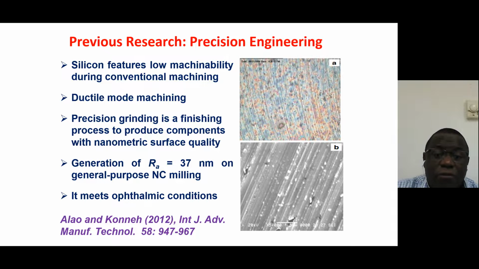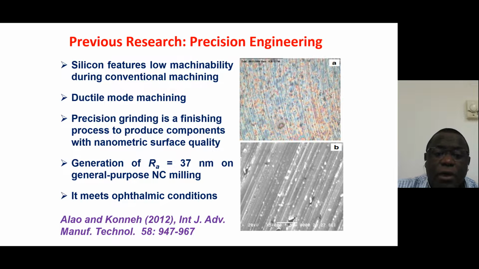And once we have massive ductile surfaces, the polishing time will be adequately reduced. Ductile mode machining can be realized in single point diamond turning or ultra precision grinding, and the machineries for both are very, very expensive.